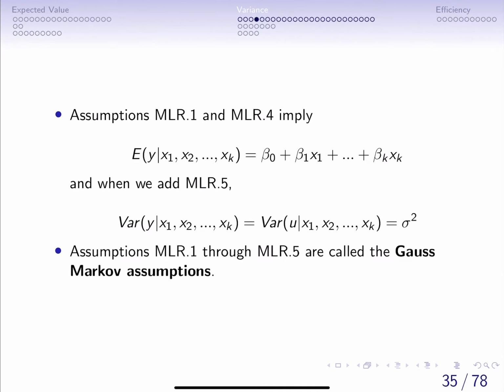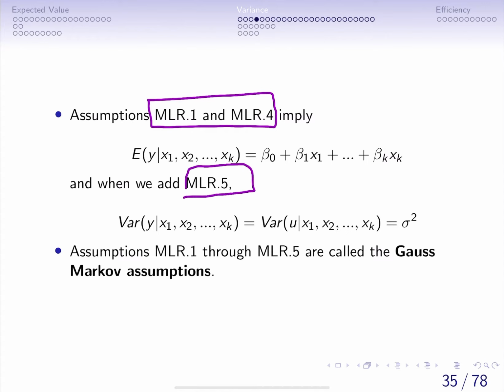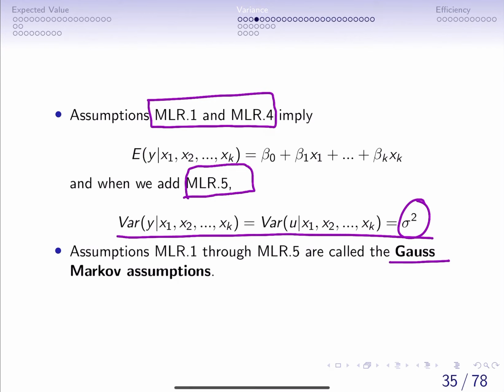Now remember that we needed the first four assumptions to prove unbiasedness, and if we add a fifth assumption of homoscedasticity, where the variance is given by sigma square, these together are called the Gauss-Markov assumptions.